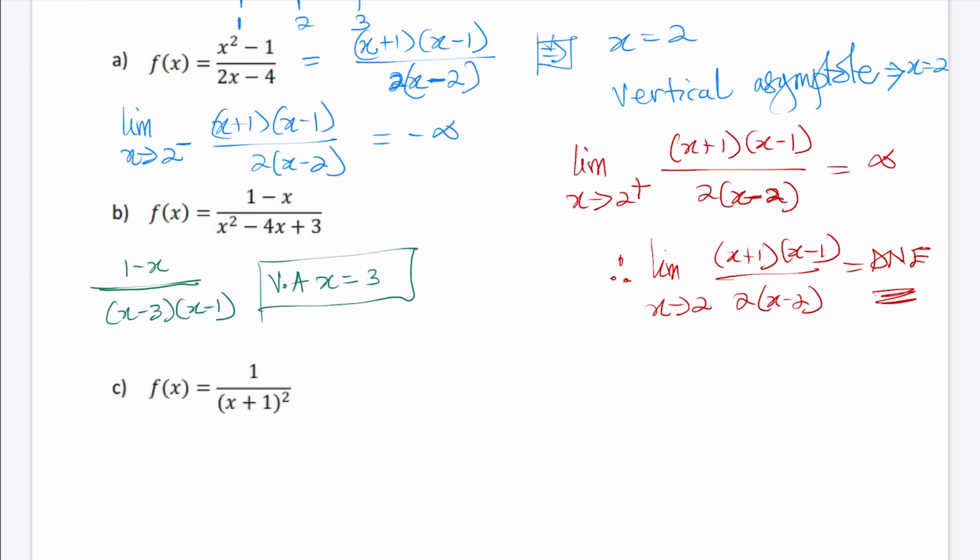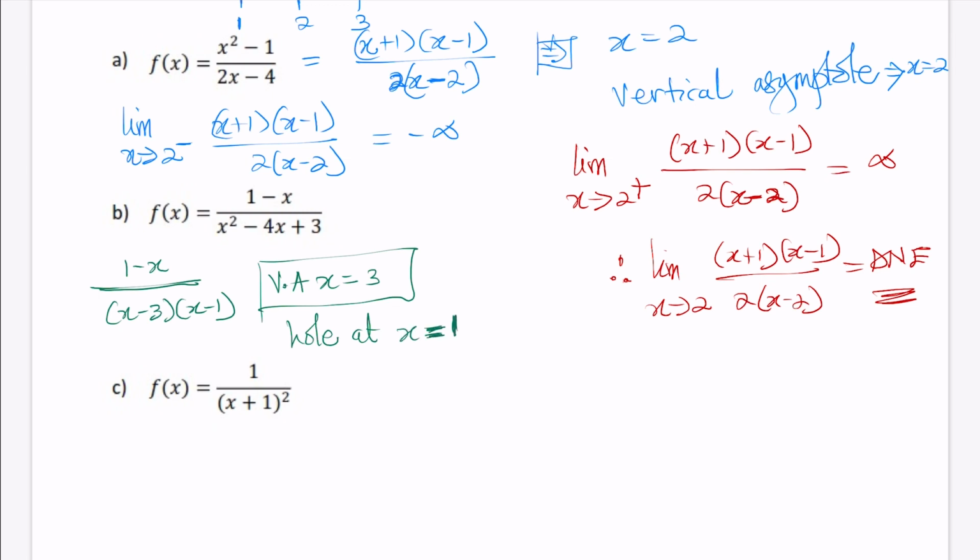Now someone will say, what about x equals 1? If you substitute x equals 1, you're going to get both the numerator and the denominator to be 0. And that is a different thing. That gives us a hole. So we have a hole at x equals 1.